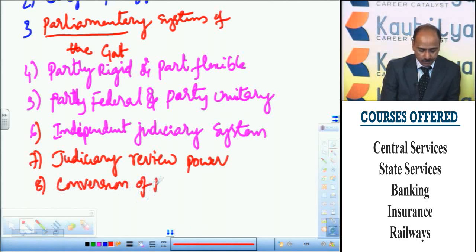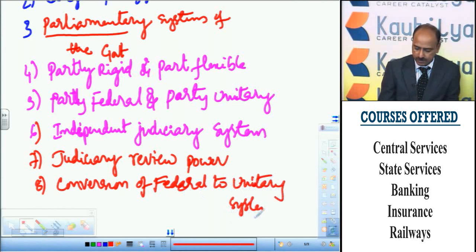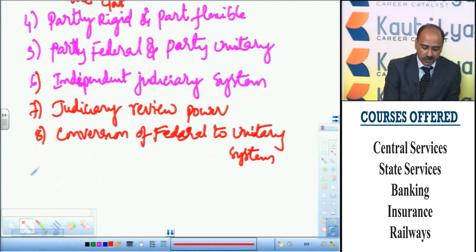Suppose a state violates rules and regulations and does not protect law and order, at that time the central government can impose President's rule through the governor. That is a unitary concept. Federal changes to unitary. Whenever states are enjoying power, that is called a federal concept. Whenever the center has taken power from the state government, that is called a unitary concept. That facility is also available in our constitution. That's why that is also one of the most important features.